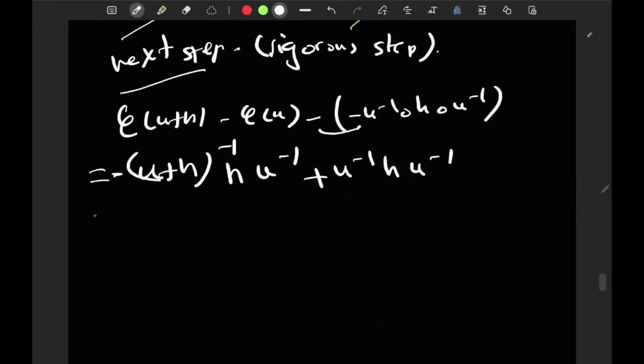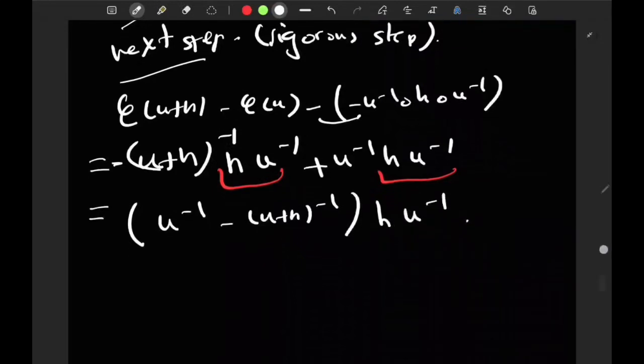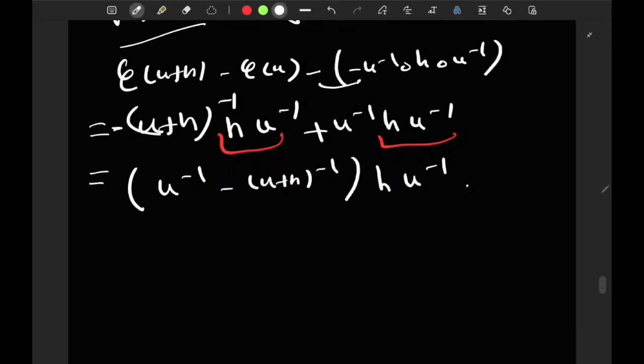Of course here you can already see these maps are factoring. This is just U inverse minus U plus H inverse, composed with H, composed with U inverse, if I factor H U inverse to the right. Now we are very close to getting what we want.